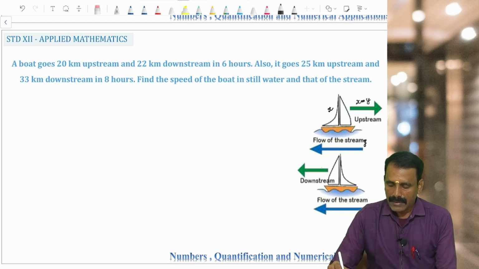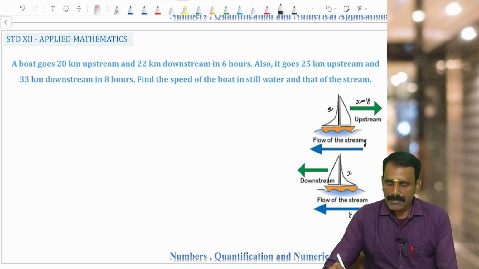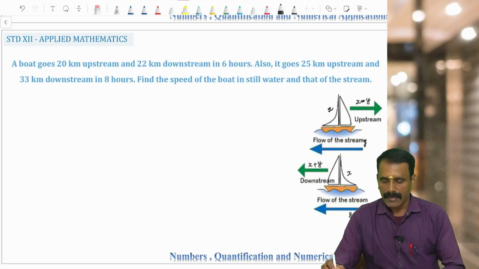And in downstream the boat is going to flow along the flow of the water. So the speed increases. The speed of the boat in downstream will be x plus y.